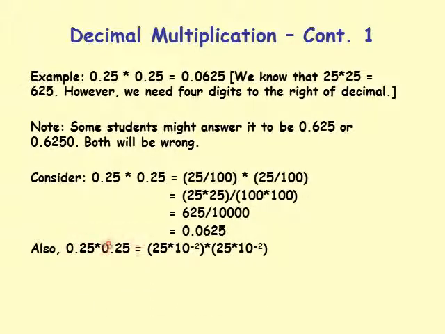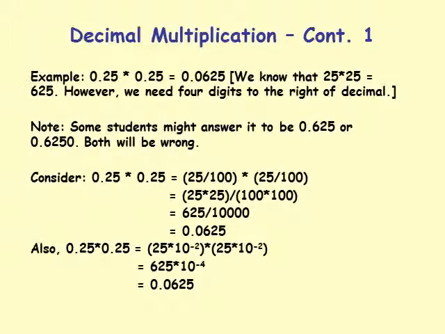Also we can say 0.25 times 0.25 is a coefficient and an exponent, a coefficient and an exponent. We multiply coefficients 25 times 25, 625. Add the exponent values, minus 2 and minus 2, when you add minus 2 to minus 2, again minus 4.